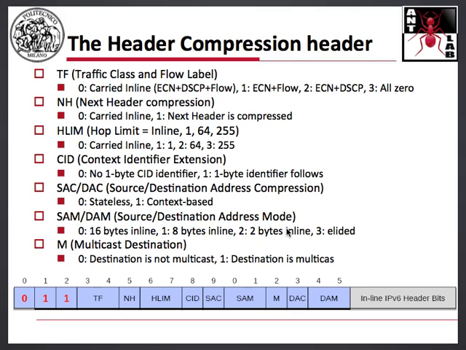These purple fields are the bunch of bits which tell who is receiving the compressed IPv6 packet how the packet is compressed, such that the receiver of these fields is able to decompress the packet. Clear? Which means that what you have from this point is the compressed IPv6 header and the payload of the IPv6 packet. Clear?